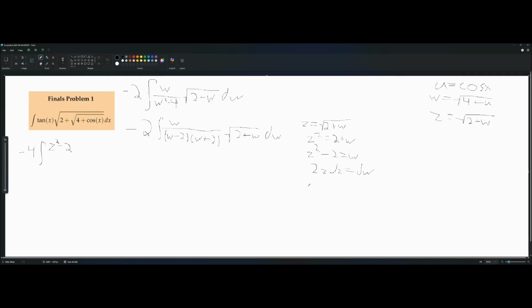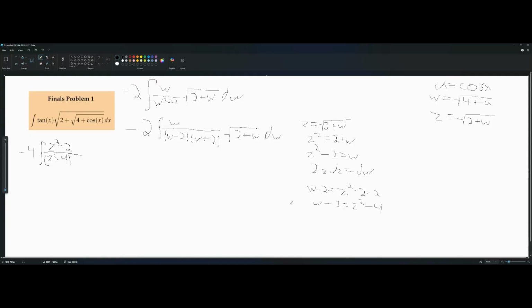So we can subtract 2 on both sides. So we can do w minus 2. And then we can do z squared minus 2 to get that w minus 2 is just equal to z squared minus 4. So we can say this is z squared minus 4.